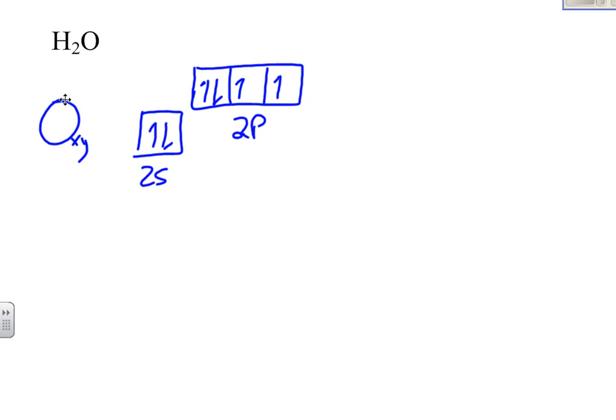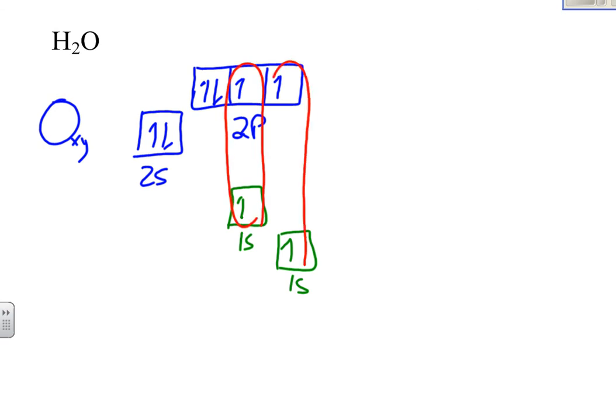So if I put my hydrogen orbitals in here, there's the 1s on one hydrogen, 1s on a second hydrogen, and then I'll show the overlap by circling these. And so everything should be hunky-dory.